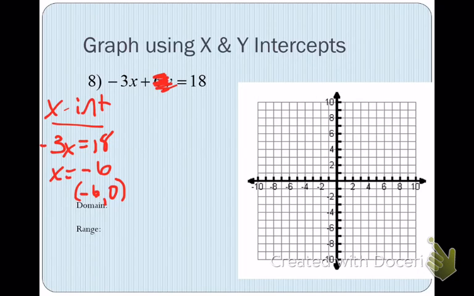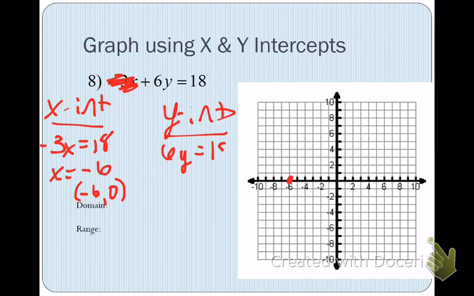Okay? So I can go over here to (-6, 0) and place a point. Now, if I'm going to find the y-intercept, then I'm going to cover up the x term. And I'm left with 6y equals 18. Divide both sides by 6, and y equals 3. So my y-intercept is going to be (0, 3).